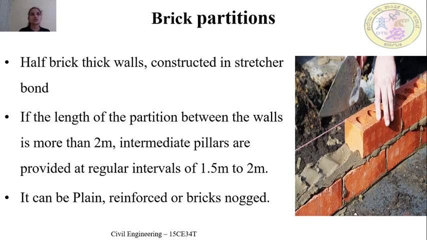Coming to the first type of partition wall, that is brick partitions. Brick partitions can be half brick thick walls constructed in the stretcher bond. You can also observe the pic, and in the previous session itself we have discussed stretcher bond. Stretcher bonds are usually used for half brick thick walls or for partition walls.